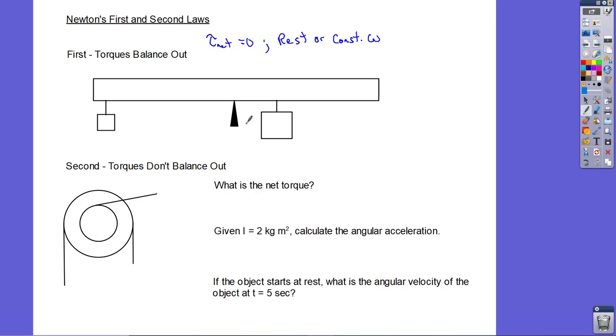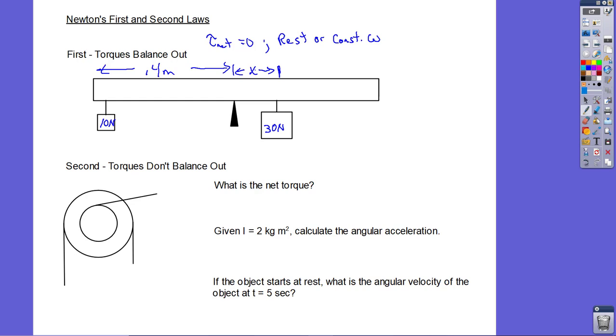So let's say it's a pretty simple thing here. Did some calculations before, make my life a little easier. So let's say we have a 10 Newton force there and a 30 Newton weight over here, and we know that this distance is 0.4 meters, and we want to know what this distance is.